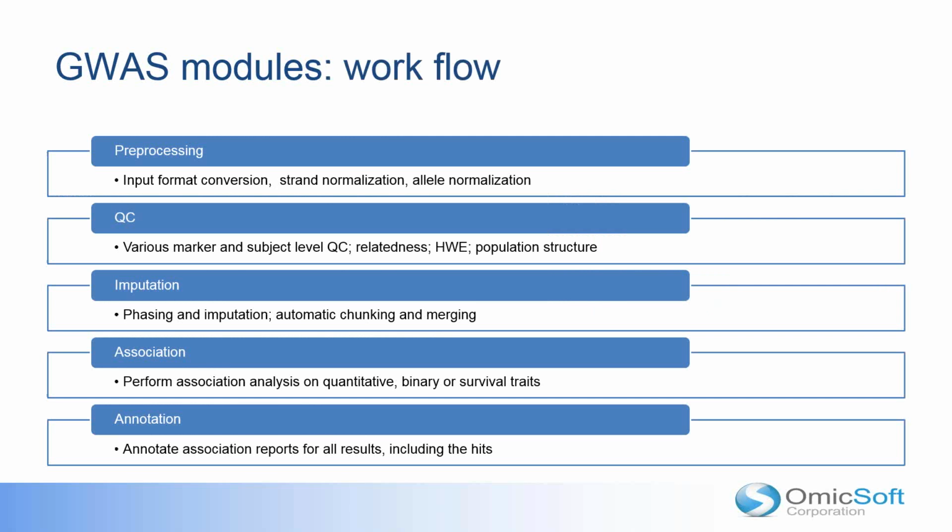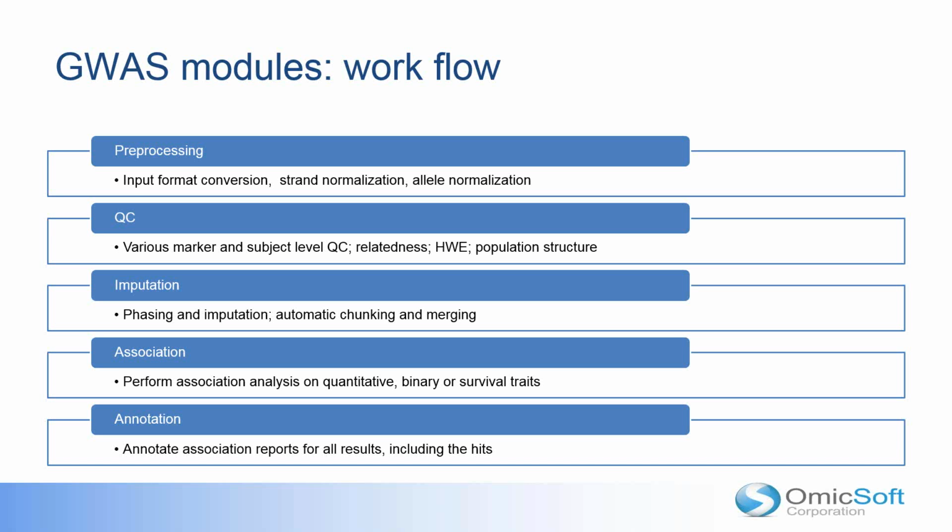So the basic workflow is just what the menu suggests. Start from preprocessing. This could include conversion from different formats, strand normalization, allele swapping, or what we call allele normalization.